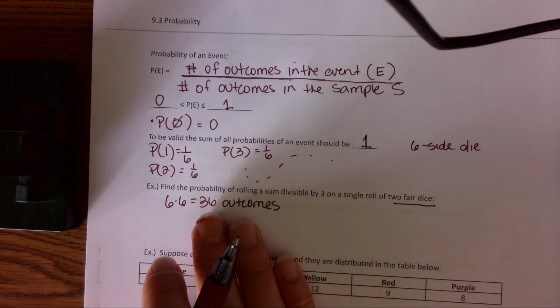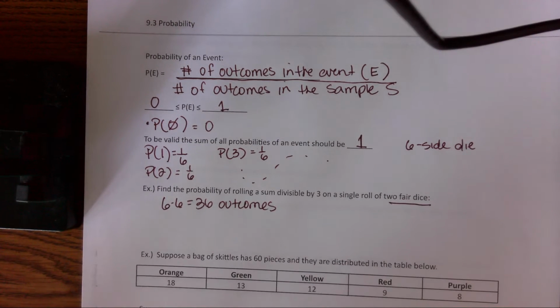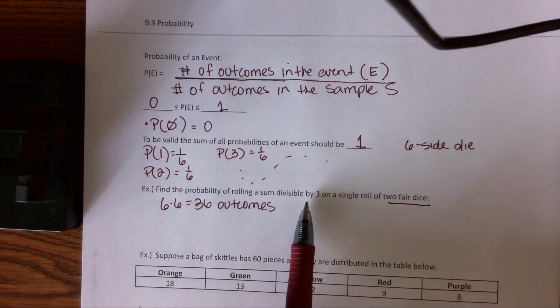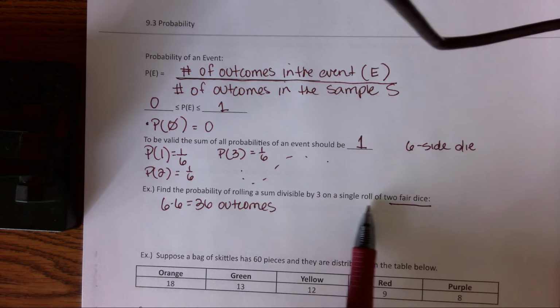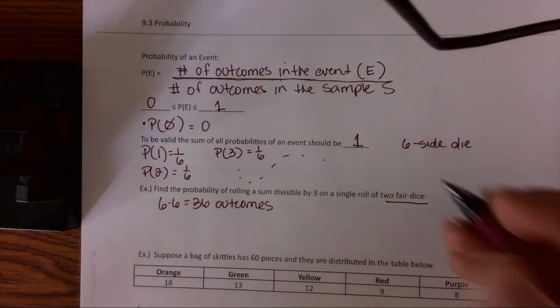Let's assume that they're different colors so we can tell the difference of them. Like this one and that one, 2 separate things. Well, let's find the probability of rolling a sum that's divisible by 3 on a single roll of 2 fair dice. So we have to figure out how many divisible by 3s there are. Let's say on the first one I roll a 1.